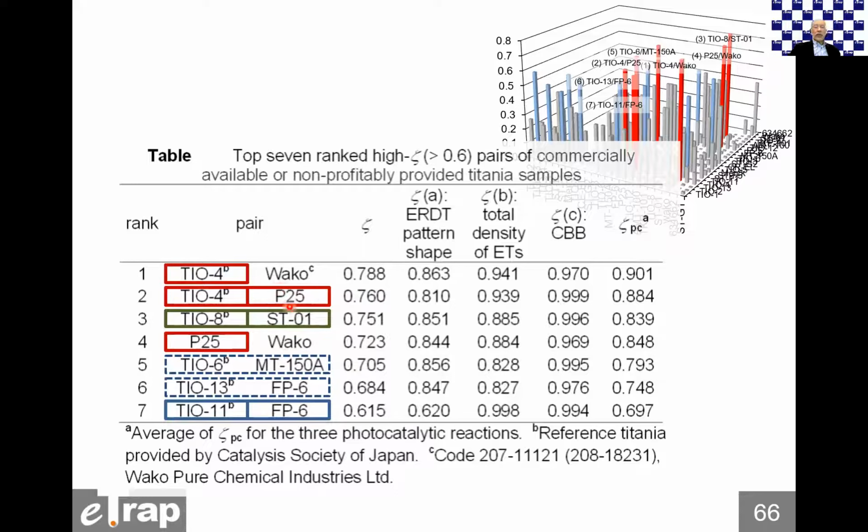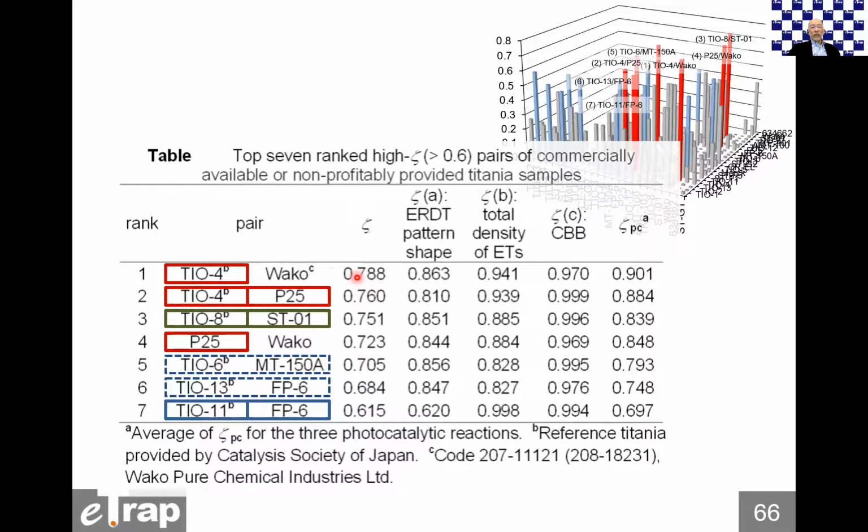And actually, those solid lines say that TiO4 and P25, TiO8 and ST01, TiO11 and FP6 are the same, provided from the company or society with different code names, but actually the starting material is the same.